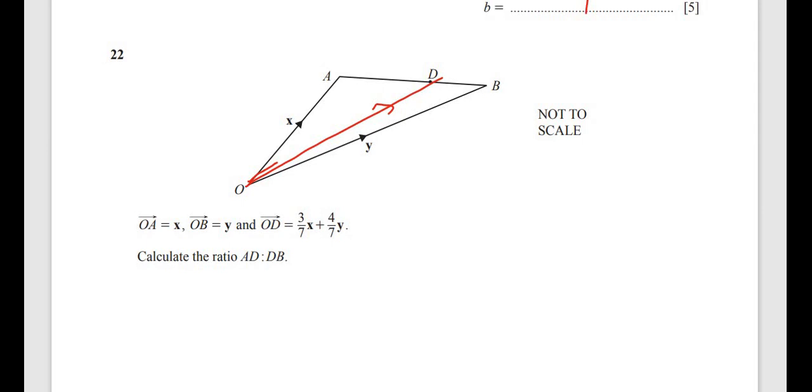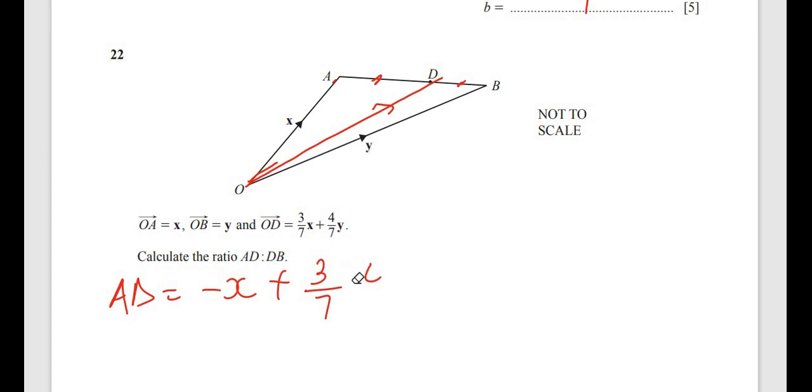So this is AD and this is DB. So let's start by working out AD. How can we work out vector AD? To work out AD, we can move AO, that's minus x, and then OD, which you have as 3 out of 7x plus 4 out of 7y.